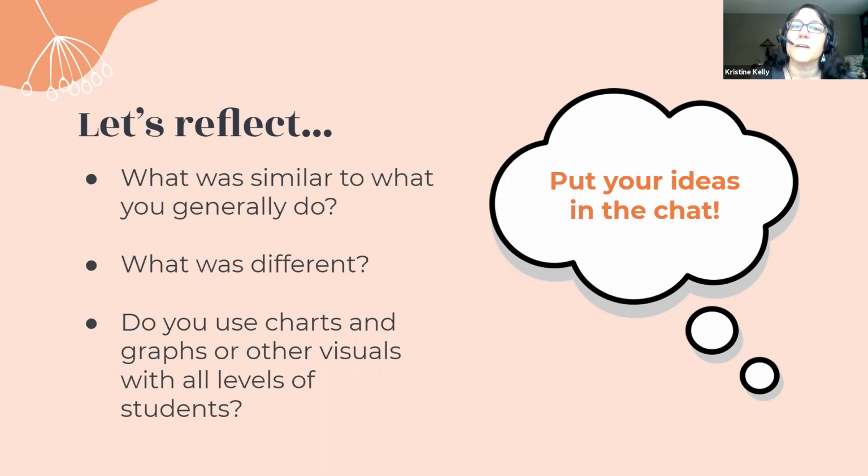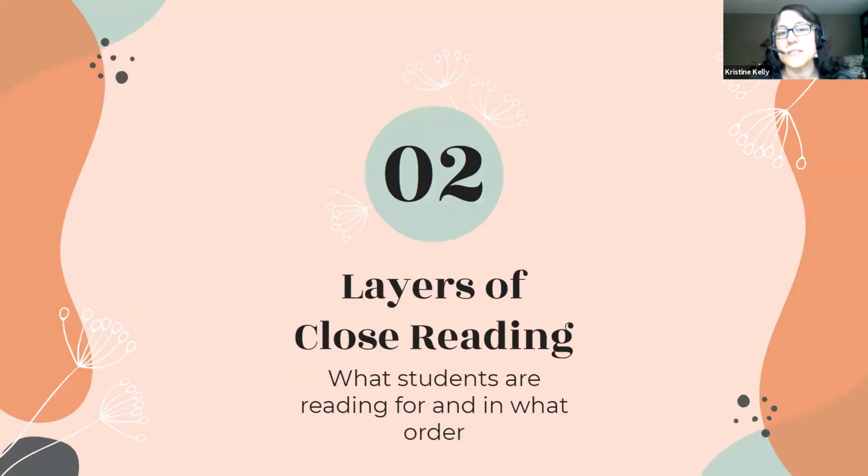Yeah, good. And this is something we talk about in the standards when we are talking about developing sets of text dependent questions, that we want to put them in an order, because order can be very important. Depends on what the purpose is that the students are doing the reading, what you want them to understand. But when we are close reading, we really want to think in layers.